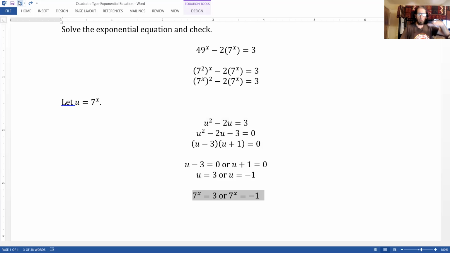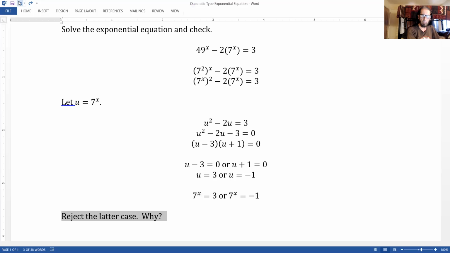Now the range of y equals 7 to the x is y values that are greater than 0, y values that are positive. So we should reject the second case, and I will give you another way of looking at that shortly, but that would be the first reason I would give.